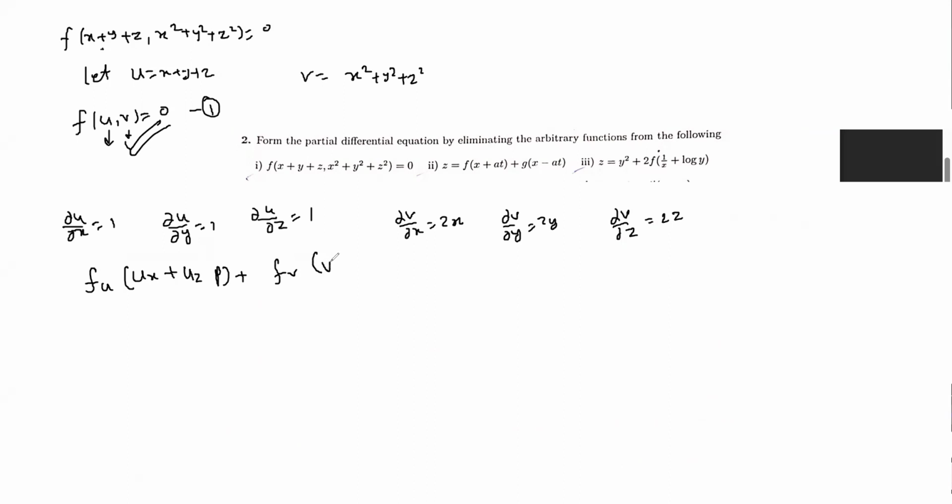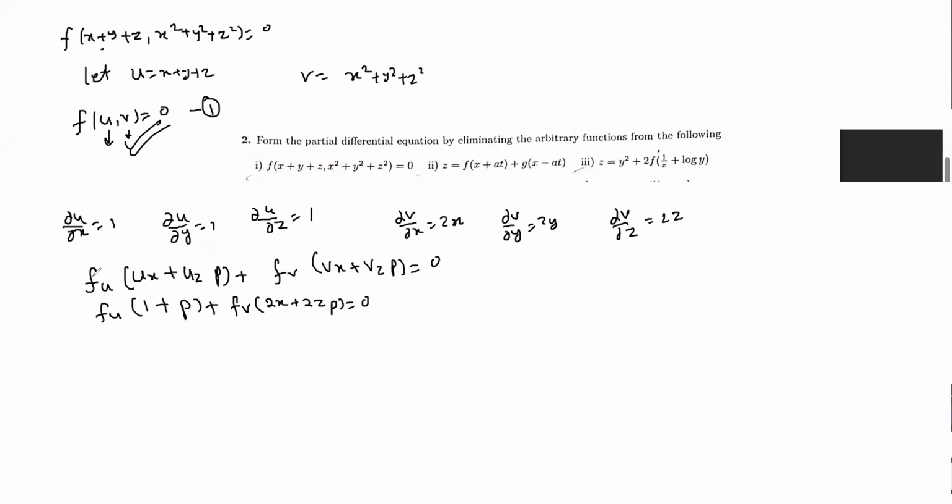Similarly, f of v del v by del x. And del u by del x is 1 plus p, 2x plus 2zp is equal to 0.